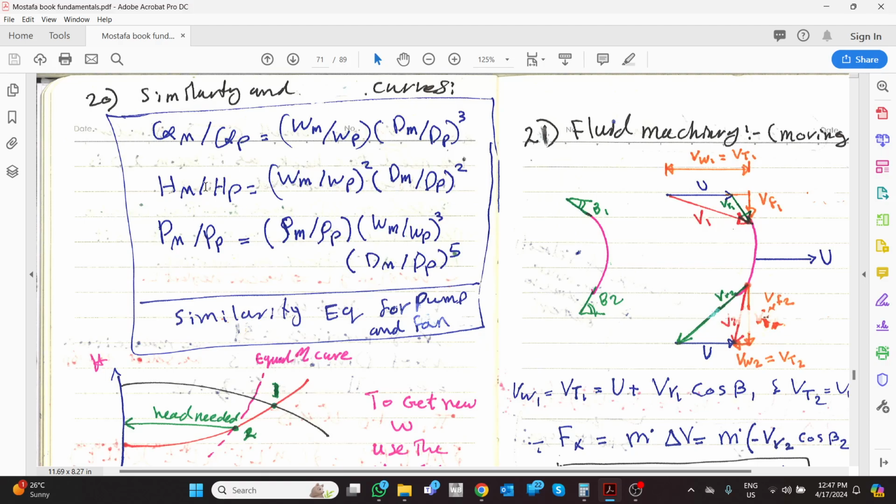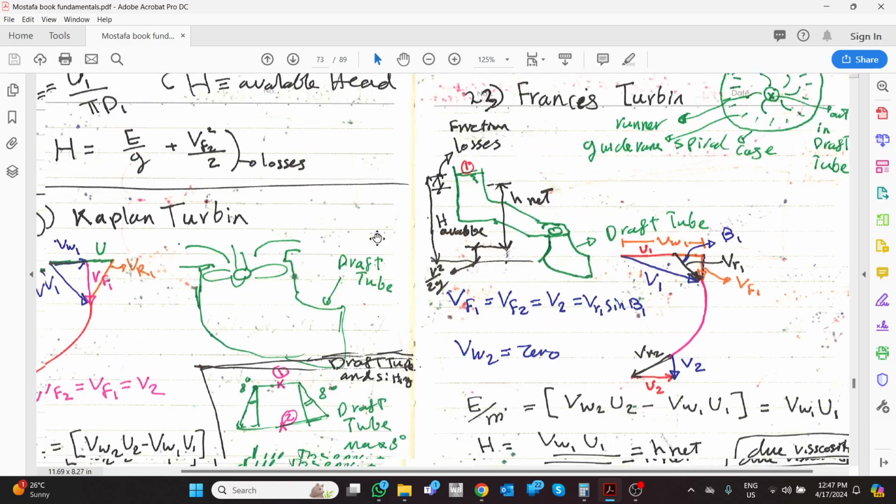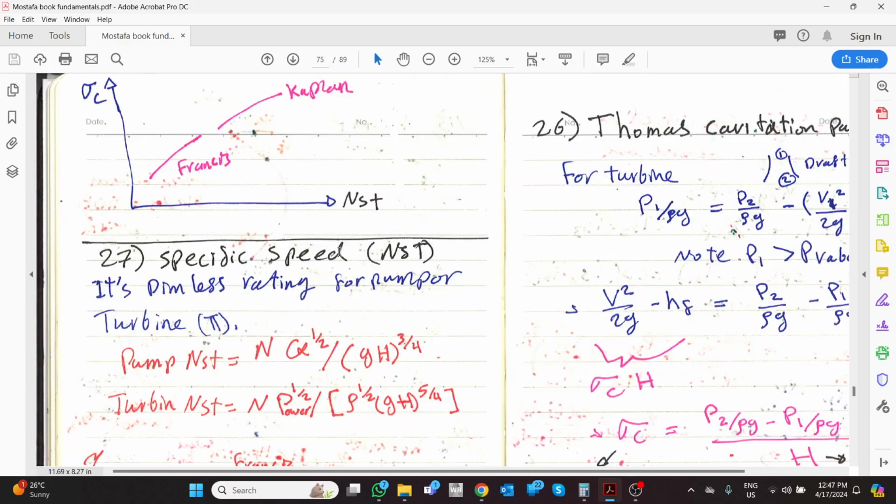Okay, so this is one of the applications of the dimensionless analysis: to put all the parameters together to get the pis. One of the pis is the specific speed, which is pi itself. So for example, if you put pi 1 equal to pi 2, and the Q goes here, Q, you get my way, so divide together, so you find N over N multiplied by H over H to the power 3/4 divided by H over H to the power 3/4.